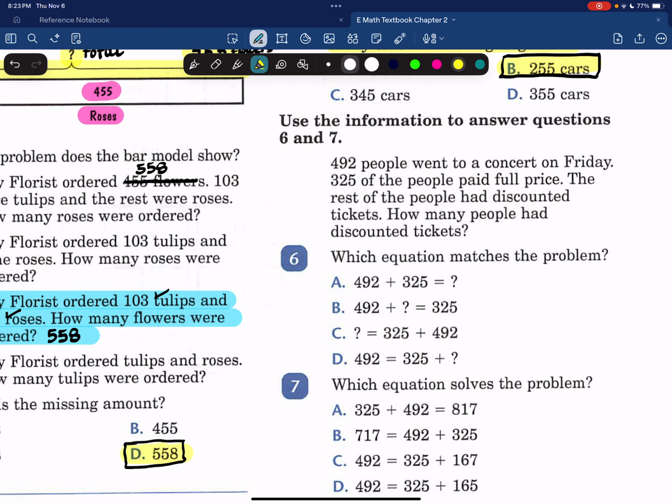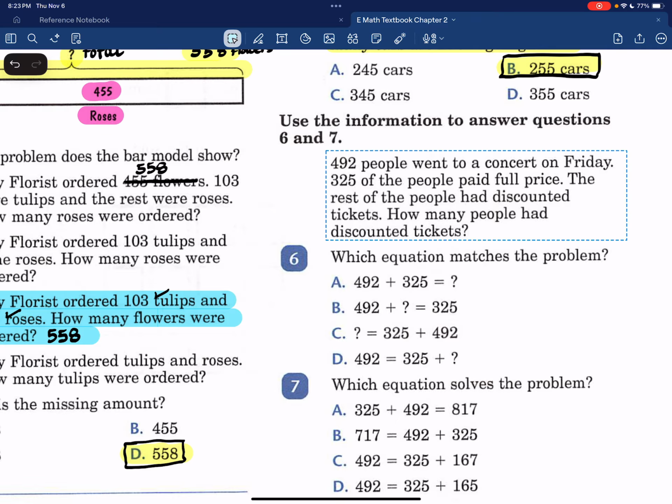The rest of the people had discounted tickets. How many people had discounted tickets? So, I'm going to take this problem over to the notebook because this is not an easy one. No word problem is easy.